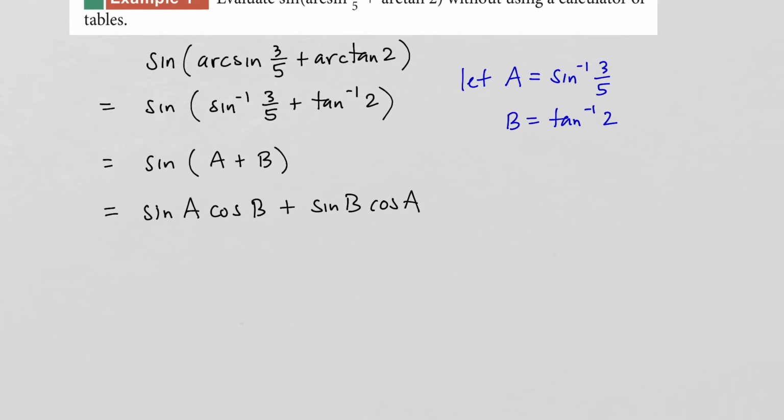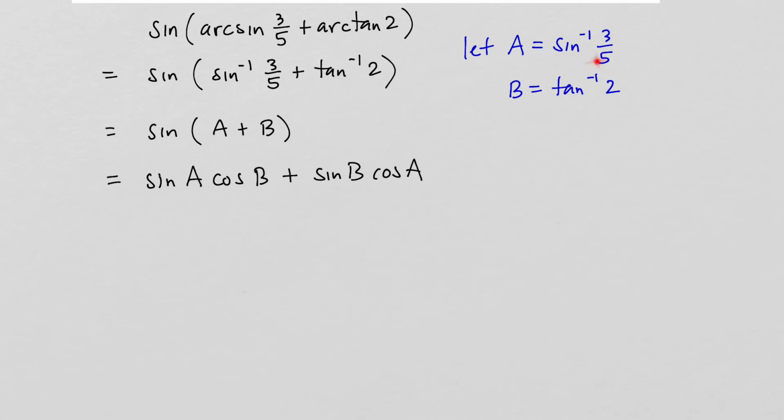Well, remember that you can draw pictures of these angles. So the angle A is the angle whose sine is 3/5. Because of the definitions of the inverse trig functions, we know that angle A must exist in the first quadrant, and sine of that angle is opposite over hypotenuse.